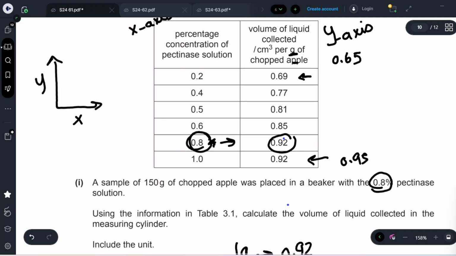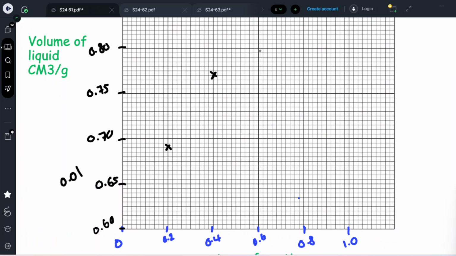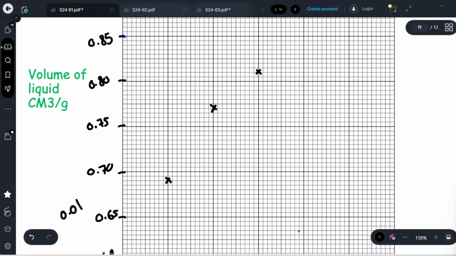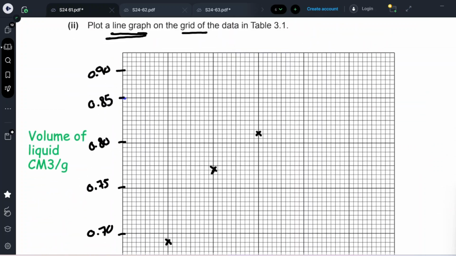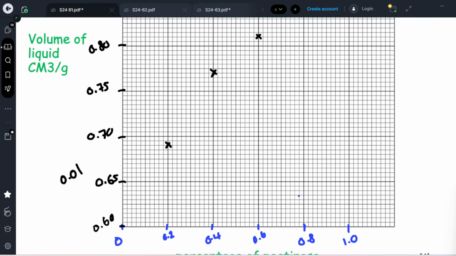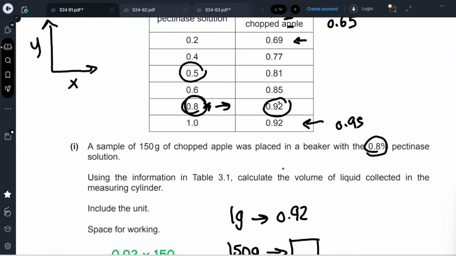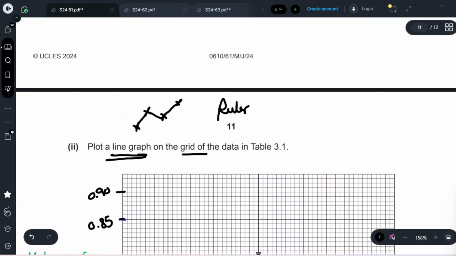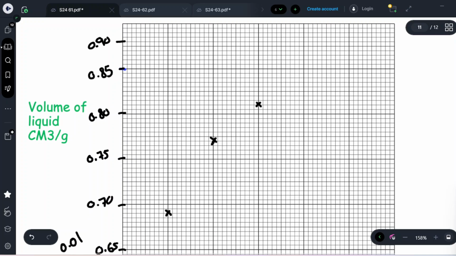Then 0.6 is 85. Wait, one second, we have 0.2, 0.4, 0.5. 0.5 is the 81, not the 0.6 here.